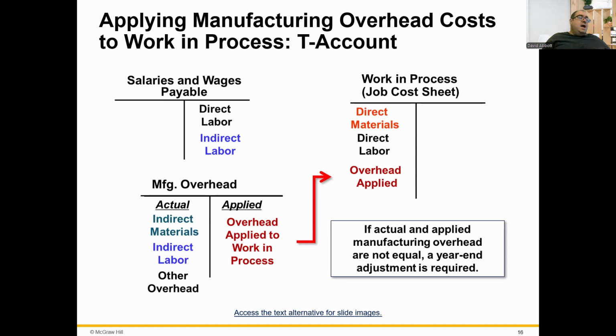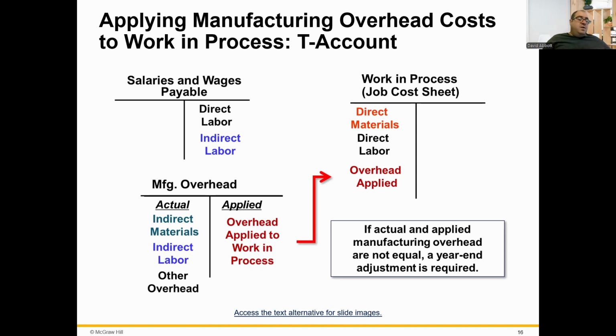But after each month we can close it out, but obviously there's still going to be some kind of a balance there. So just realize again that manufacturing overhead is a clearing account.